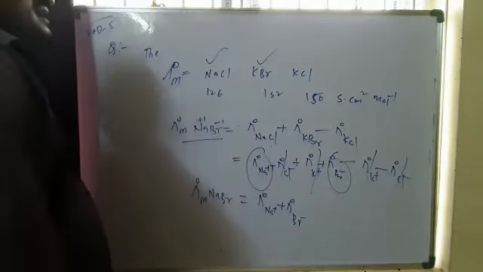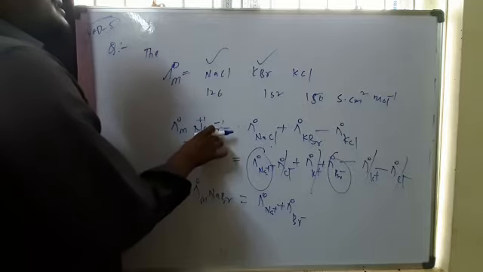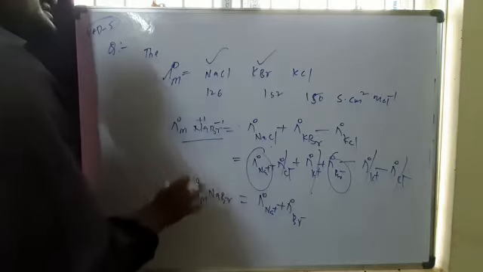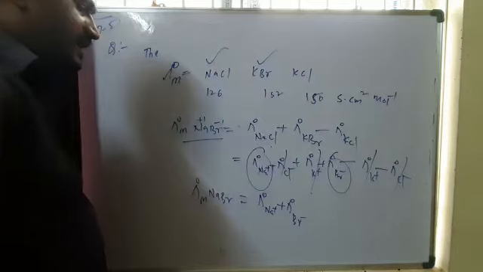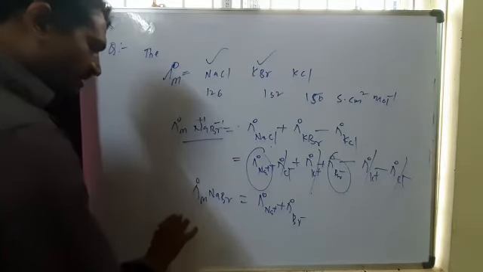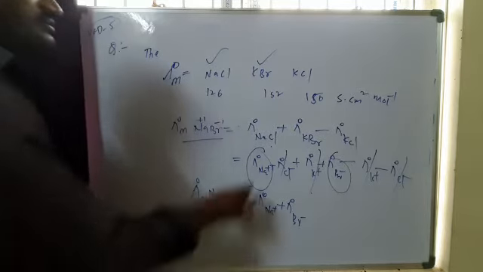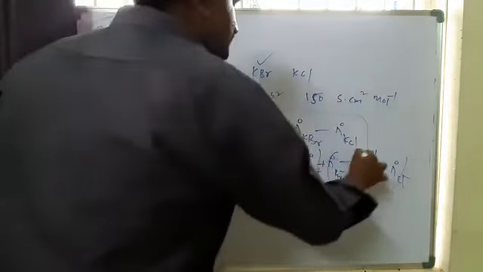So always, for the given substance, you see what ions are present, and those ions are added, and the remaining value will be subtracted. So we get the molar conductivity of NaBr; you apply this formula simply.